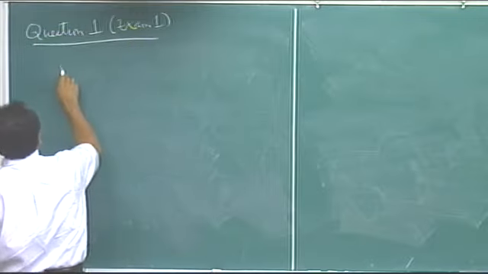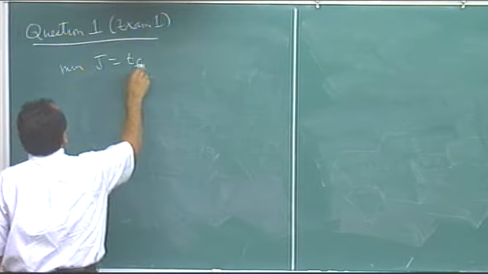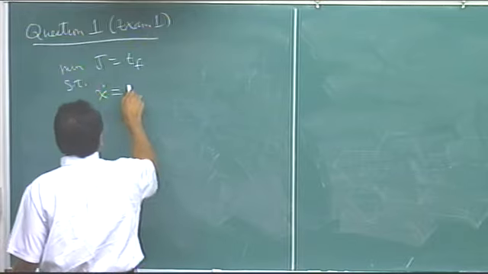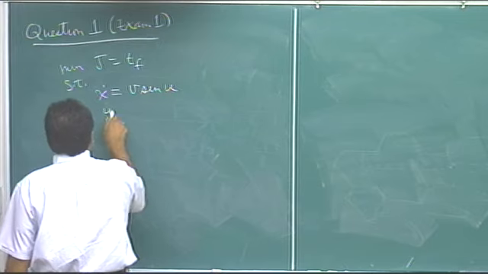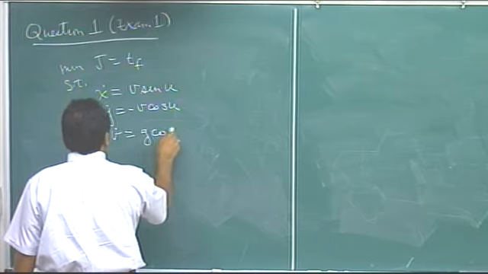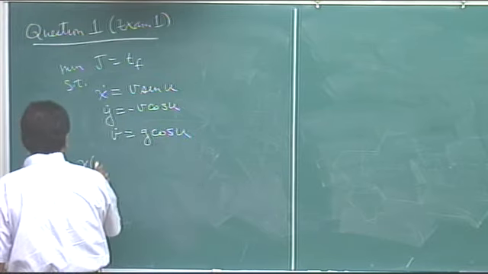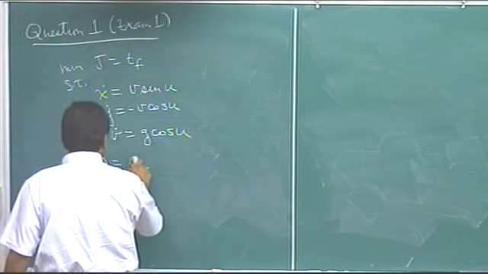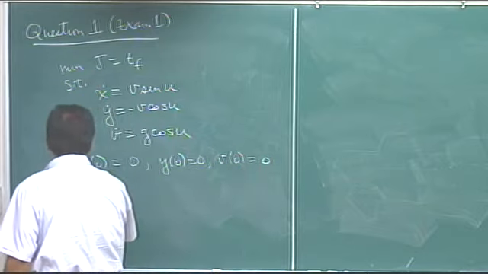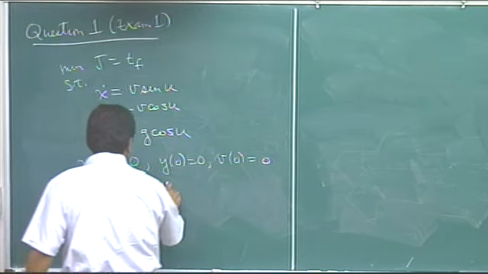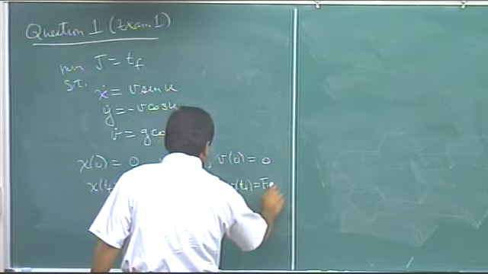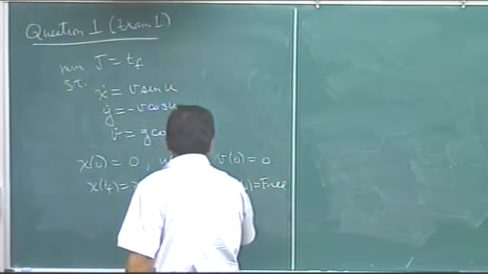You wanted to minimize J, which was equal to TF, subject to the dynamic constraints x dot is equal to V sine U, y dot is equal to minus V cosine U, and V dot is equal to G cosine U, with the boundary conditions that x at 0 is equal to 0, y at 0 is equal to 0, V at 0 is equal to 0, x at TF is equal to 2, y at TF is equal to negative 2, and V at TF is free.